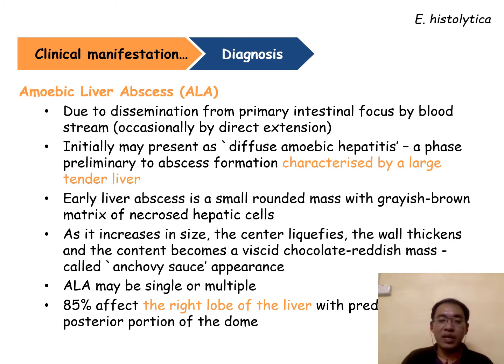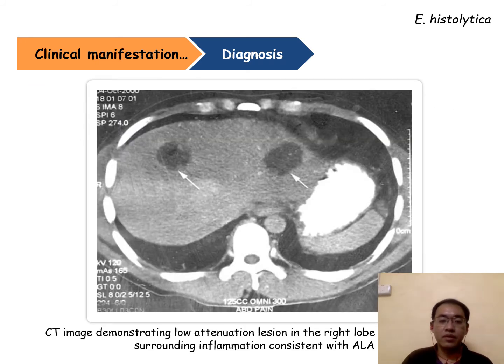Usually the abscess happens in the right upper quadrant region. This CT scan is showing two lesions in the liver. There's an attenuation lesion at the right lobe with surrounding inflammation, which is consistent with the characteristics of amoebic liver abscess.